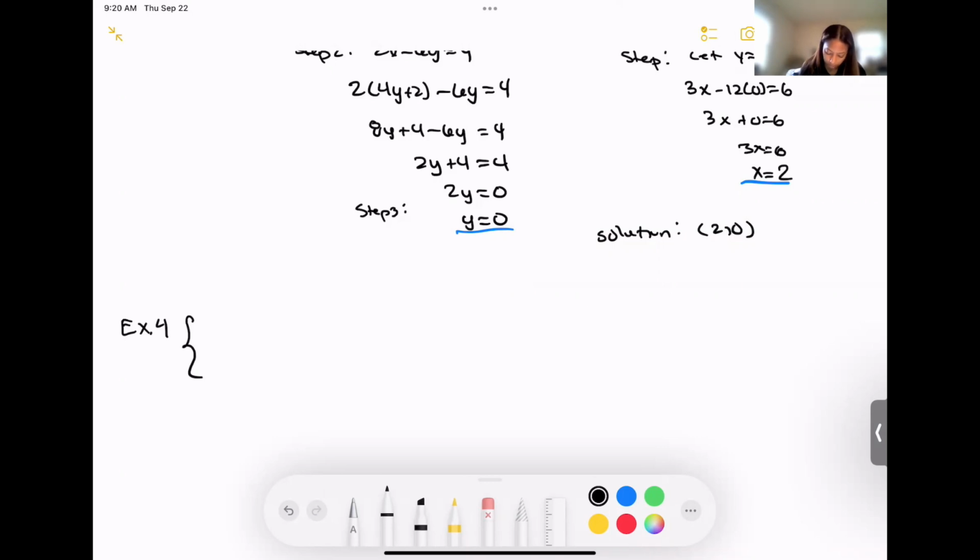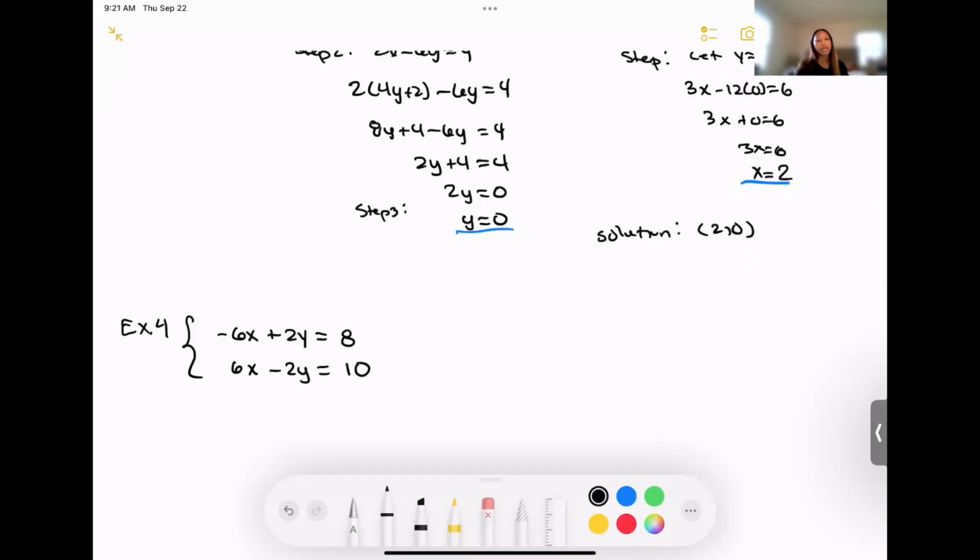So if we have negative 6x plus 2y equals 8, and 6x minus 2y equals 10.